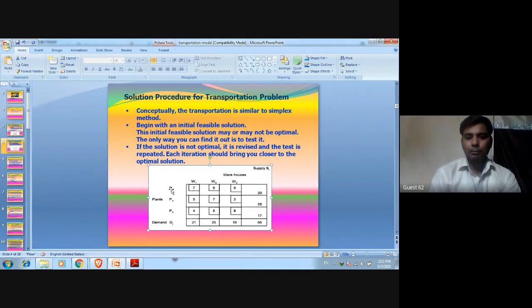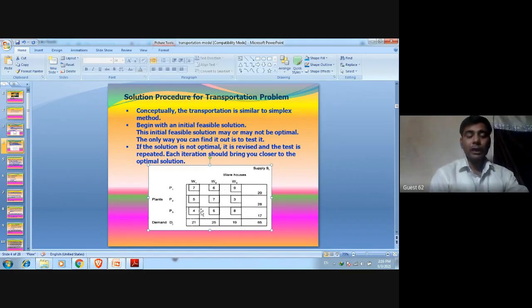The capacity of plant P1 is 20, the capacity of plant P2 is 28, and the capacity of plant P3 is 17. It means plant P1 produces 20 units, so it can supply only 20 units. Plant 2 produces 28 units, so it can supply 28 units. Plant 3 produces 17 units, so it can supply 17 units.